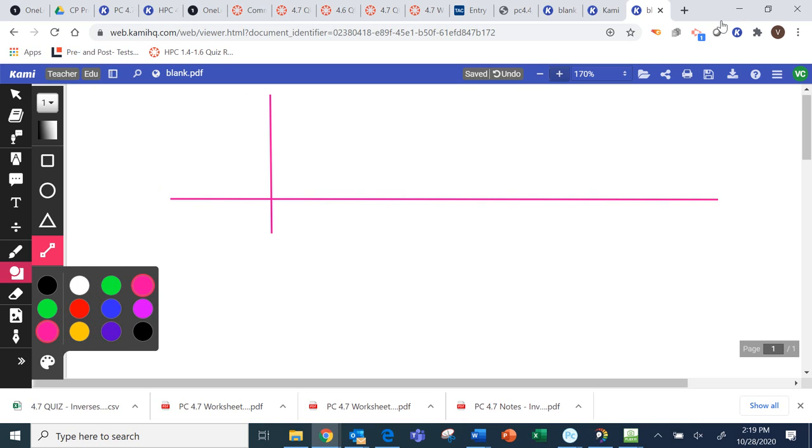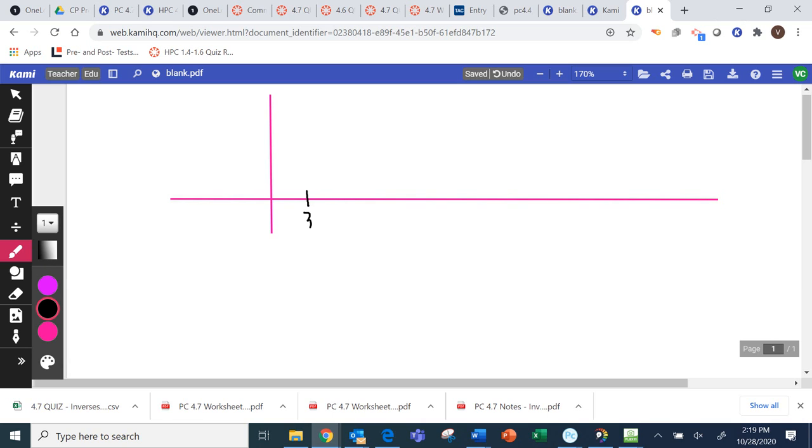And some numbers that have been pointed out to us as I was reading is that at 3 seconds, again, this is time, at 3 seconds, it reaches its highest point at 43 feet off the ground.